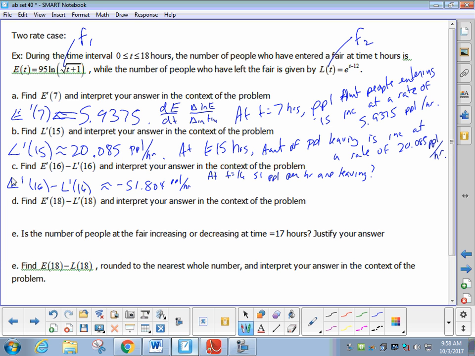Okay, did you have negative 51.804? Okay, so you would commonly see people say at time equals 16, 51 people per hour are leaving.